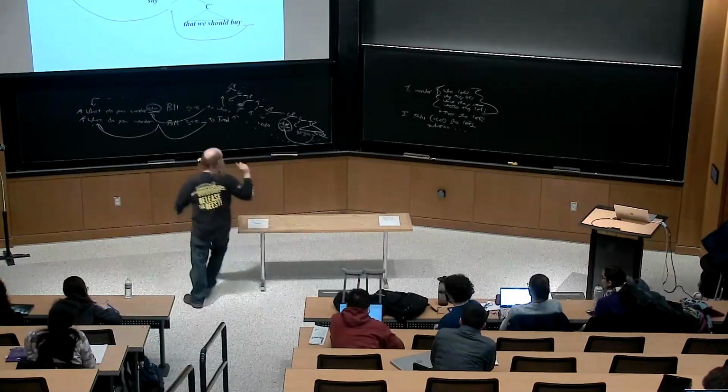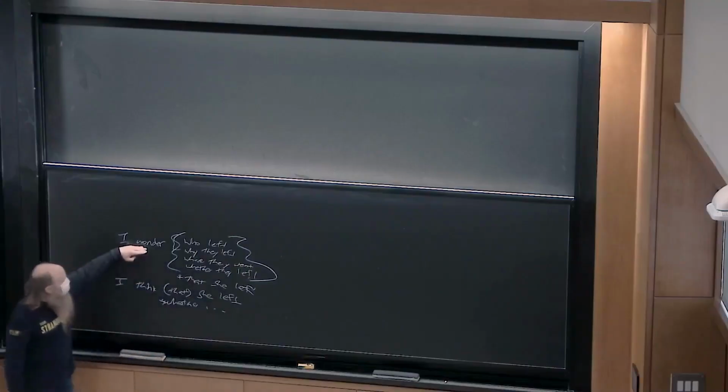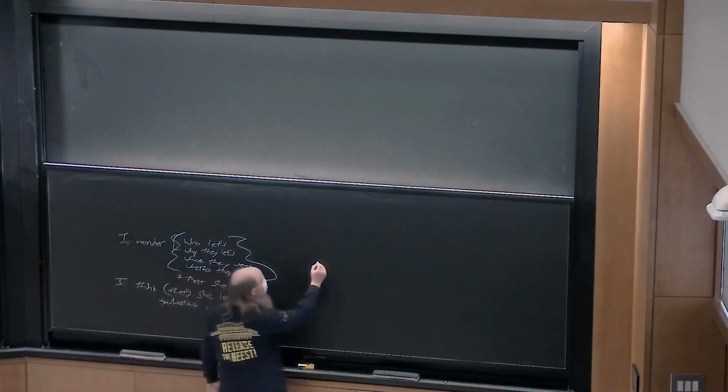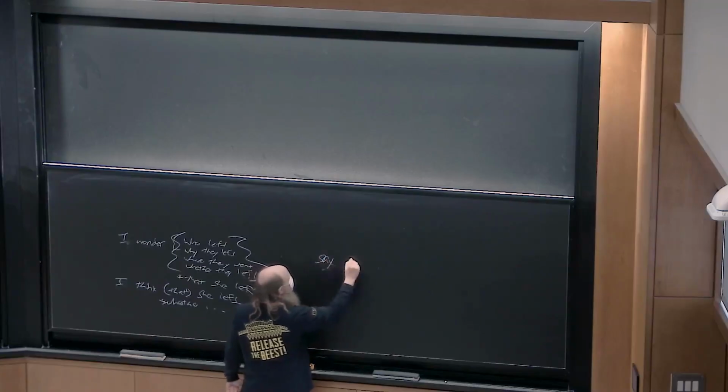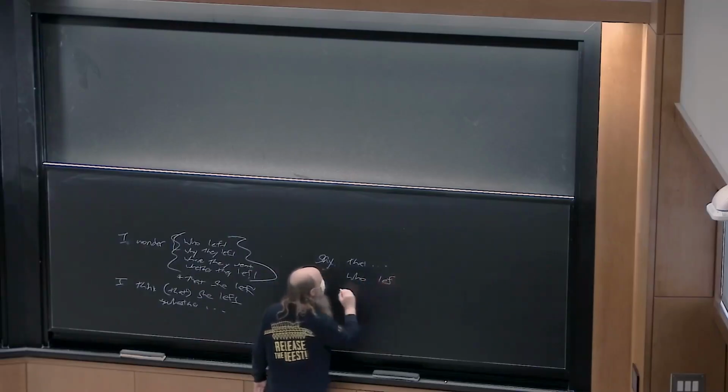No, you're right. We talked about how there are verbs like wonder that need a question, and verbs like think that need to not have a question. Say can have either one, right? So you can say, she will say that it is raining, or she will say who left. So say has both options.